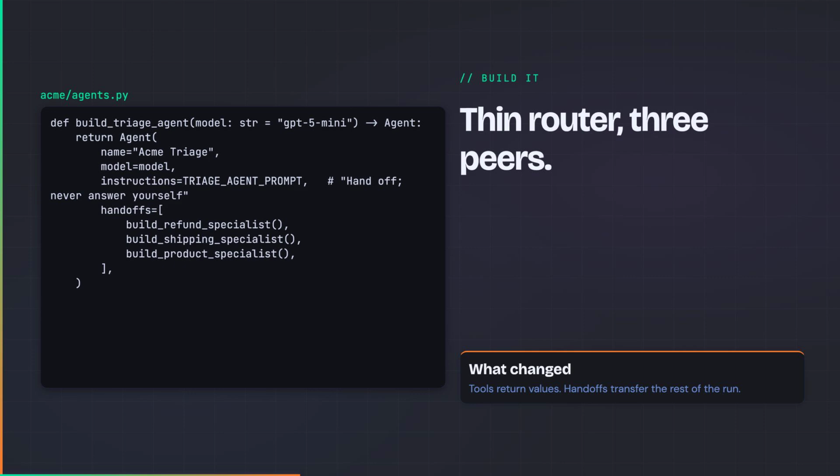Transcript for slide 5.1 transcript for slide 5.2 transcript for slide 5.3 transcript for slide 5.4 transcript for slide 5.5 transcript for slide 5.6 transcript for slide 5.7 transcript for slide 5.8 transcript for slide 5.9 transcript for slide 5.10 transcript for slide 5. All items. Transcript for slide 5.1 transcript for slide 5.2 transcript for slide 5.3 transcript for slide 5.4 transcript for slide 5.5 transcript for slide 5.6 transcript for slide 5.7 transcript for slide 5.8 transcript for slide 5.9 transcript for slide 5.10 transcript for slide 5.